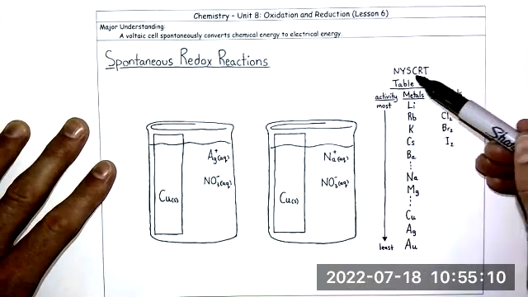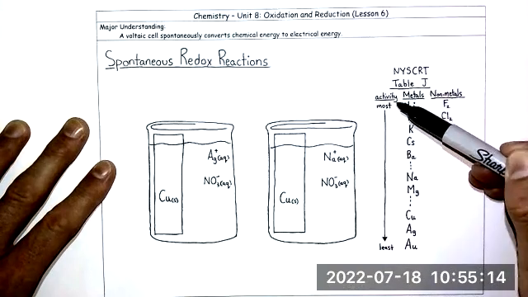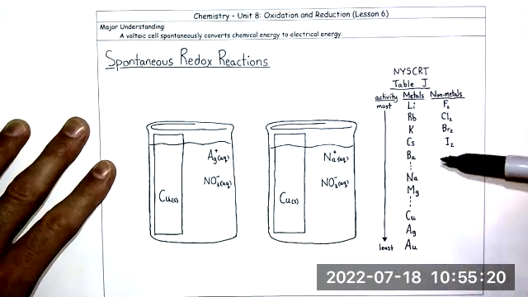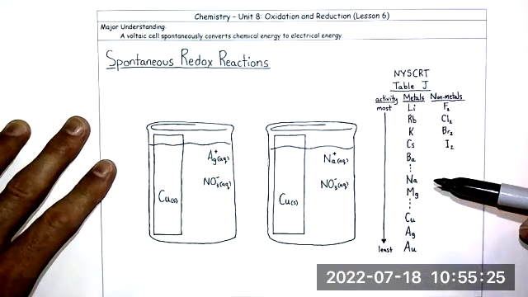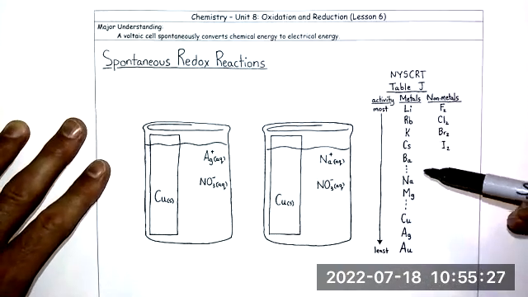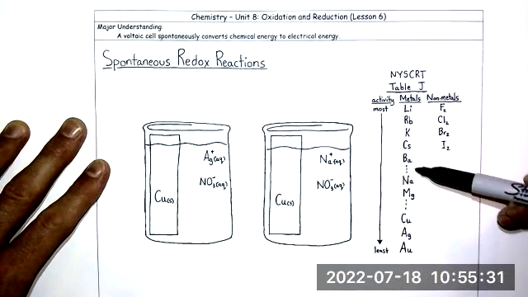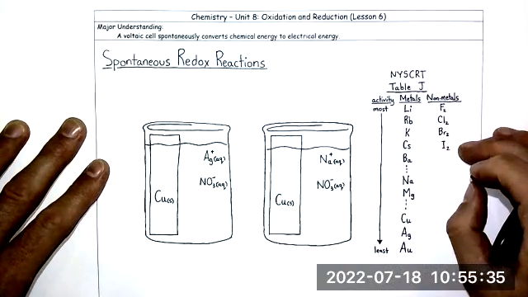We're also going to look at our New York State chemistry reference table, table J, which deals with activities of metals and nonmetals. We're going to look mostly at metals today. And it's important to note here that table J on your reference table has more atoms on it than this. I had to condense down table J to fit on the page.